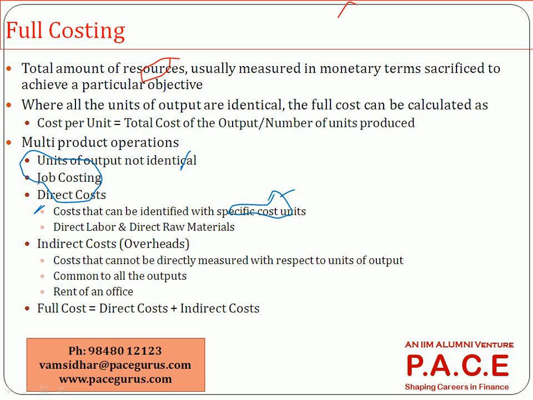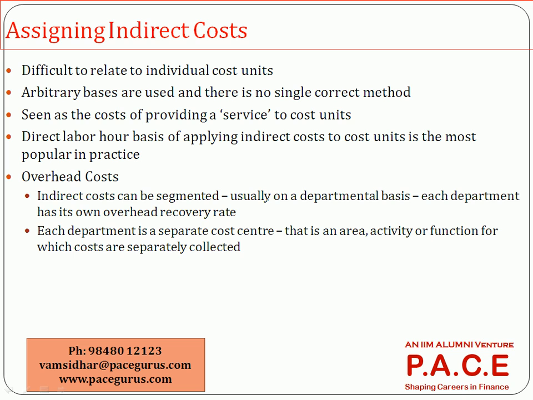All right. Now let's move on from here. Once we have a basic breakdown between the direct and the indirect costs, the next important thing for us is how I assign these indirect costs. Because in the earlier slide we were talking about how direct costs can be directly attributable to the unit, but indirect costs I cannot directly attribute to the number of units.